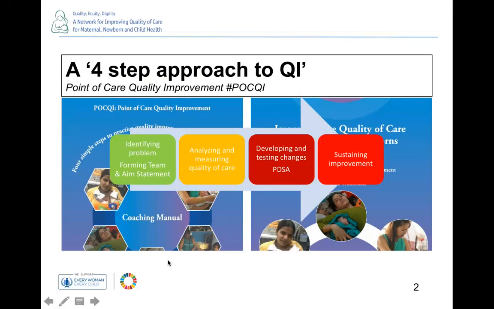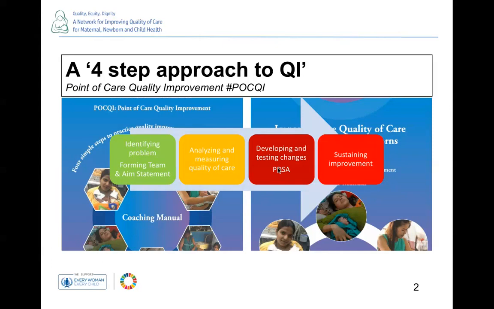The tool uses a 4-step approach. Step 1 is identifying problem, forming a team, and writing an aim statement. Step 2 is analyzing the root cause of a problem and choosing measurement indicators. Step 3 is developing and testing changes in the form of plan, do, study, and act cycle.